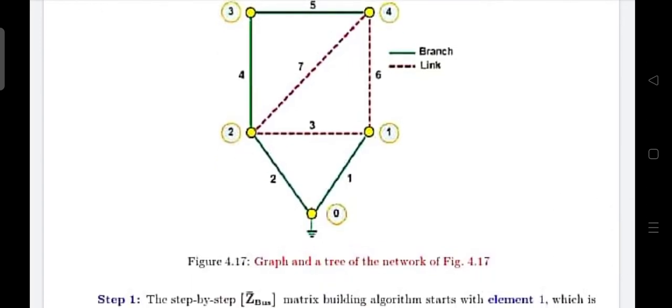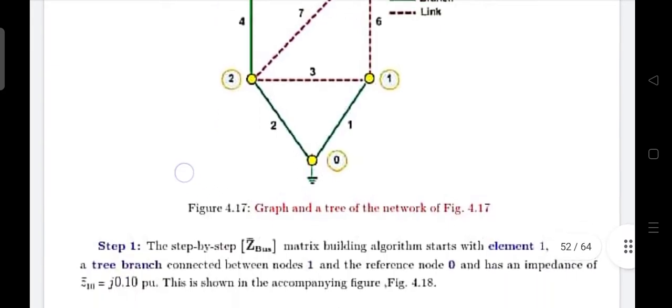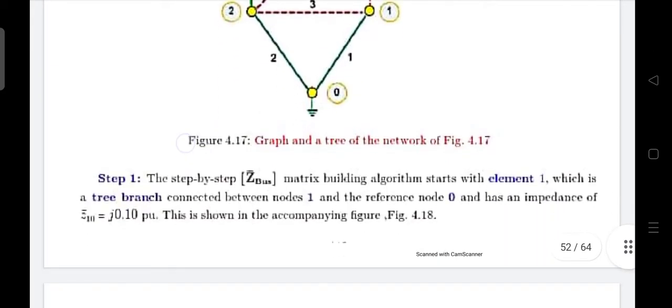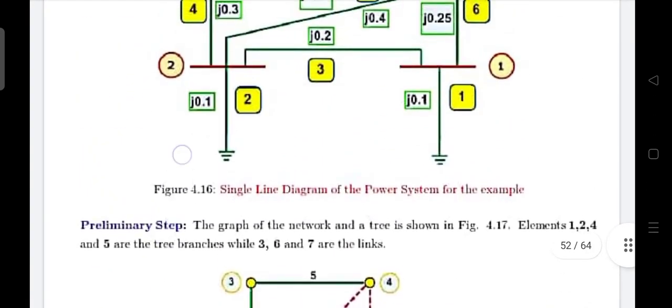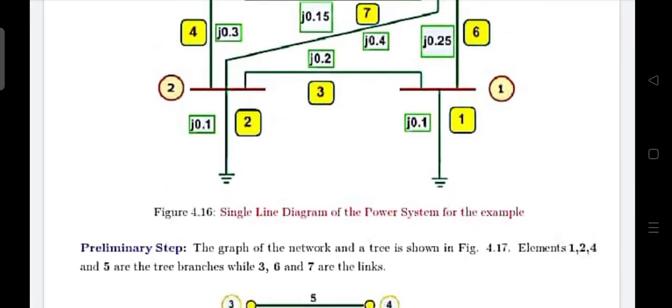Lines 1 and 2 are directly connected from bus to reference bus. So let's first start with node 1 and line 1, which is now our branch. The first branch impedance is J.1.